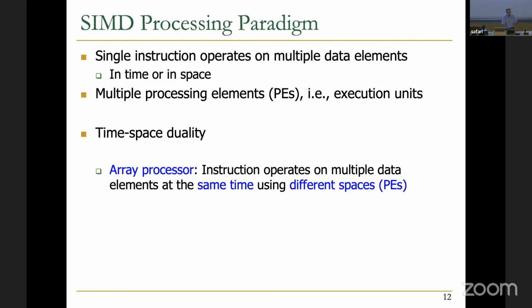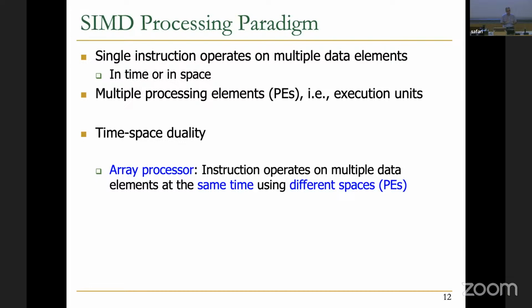So now the definitions of array processor and vector processor can be clarified. An array processor is a processor that benefits from SIMD architecture, but the implementation is that instructions operate on multiple data elements at the same time using different spaces. In an array processor, you have multiple copies of the same processing element, so the parallelism is in space, and you can benefit from SIMD.